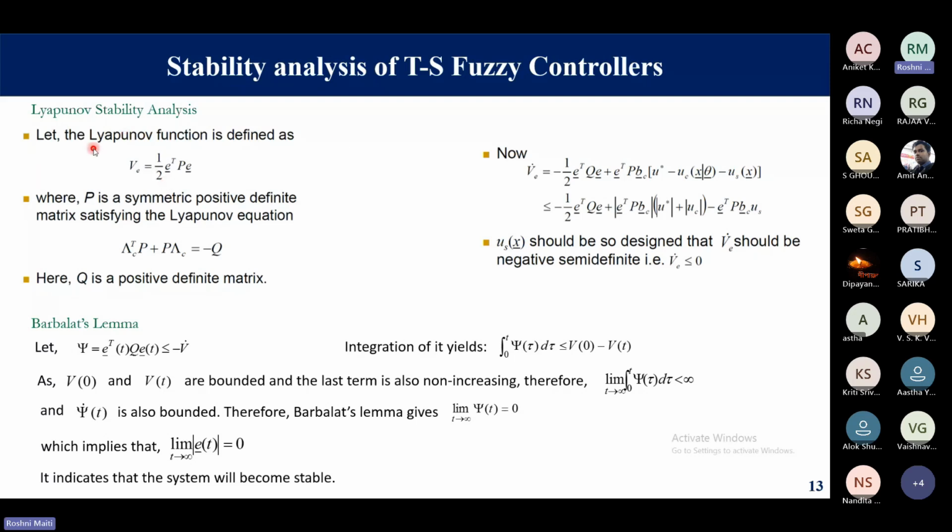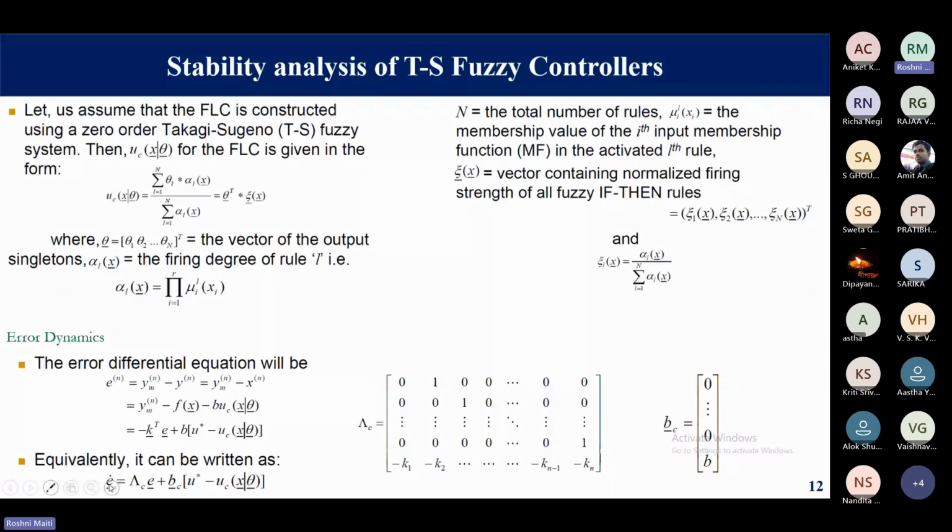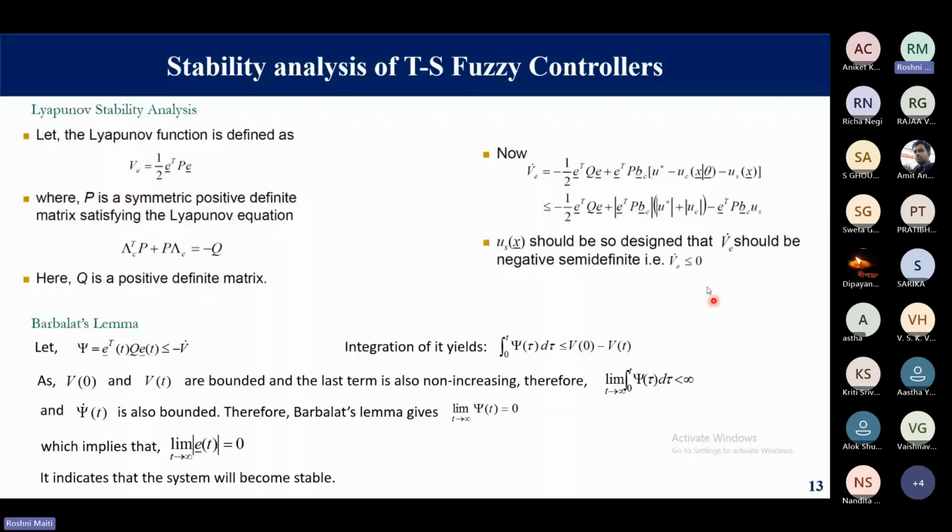So here we are developing this Lyapunov candidate function, and the candidate function we have chosen is this. We have calculated its derivative and put in the value of E dot from here.